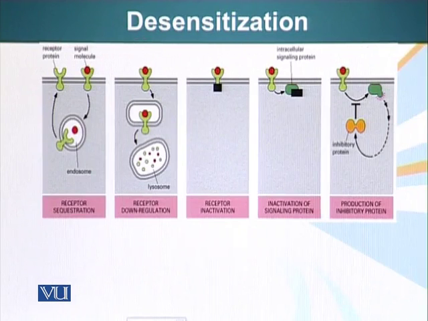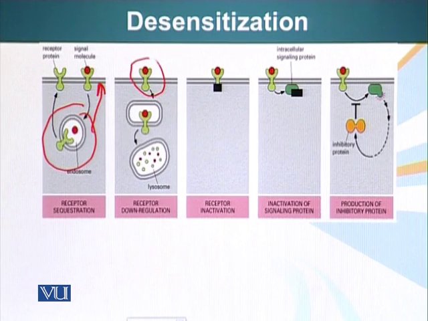Another way cells regulate receiving signals is by manipulating, for example, the receptor protein that is receiving the growth hormones or growth signals. One way is that the receptor is sequestered. It is no longer allowed to translocate to the plasma membrane. Another way is that cells degrade the receptor rather than placing it on the plasma membrane, or even if the receptor is present on the plasma membrane, it can be endocytosed and sent to the lysosome where it is degraded. The receptor can be inactivated.